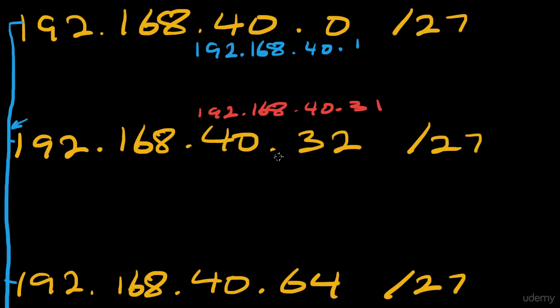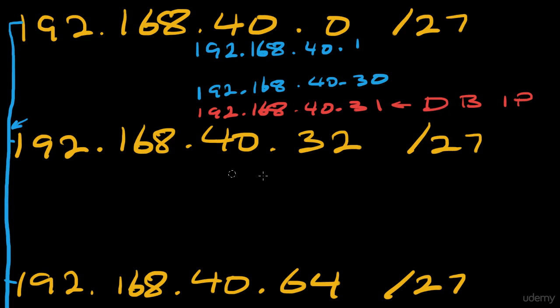So sequentially, the IP right before 40.32 is 40.31. This is the directed broadcast IP for the 40.0 network. The last valid IP is therefore right before that one, which is 192.168.40.30.